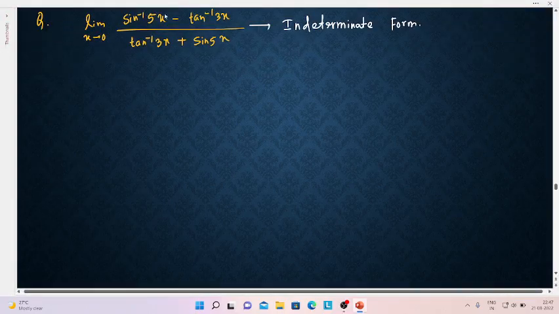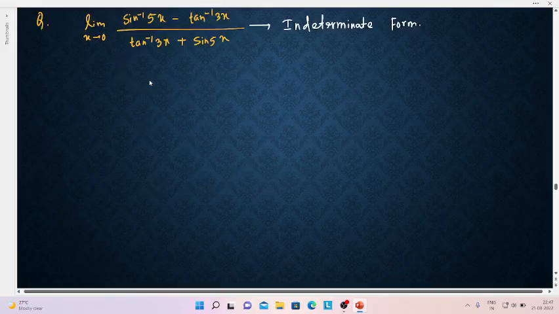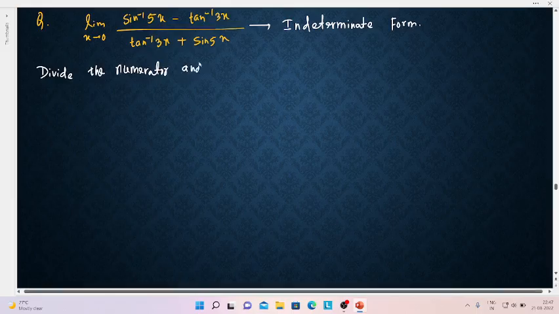Since it is of the form indeterminate, we have to divide the numerator and denominator by x, right? Then we will get the previous formula.